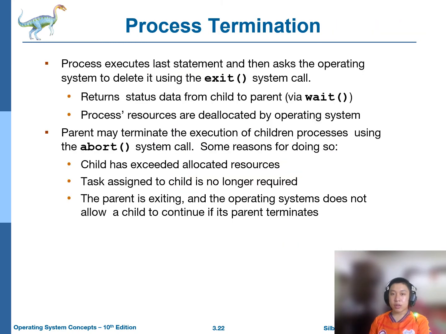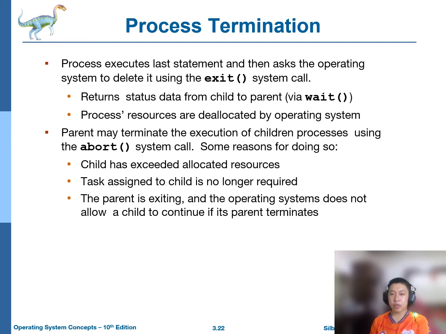Process termination. A process executes its last statement and then asks the operating system to delete it using the exit system call. It returns status data from child to parent, and the process's resources are deallocated by the operating system. A parent may terminate the execution of a child process using the abort system call.